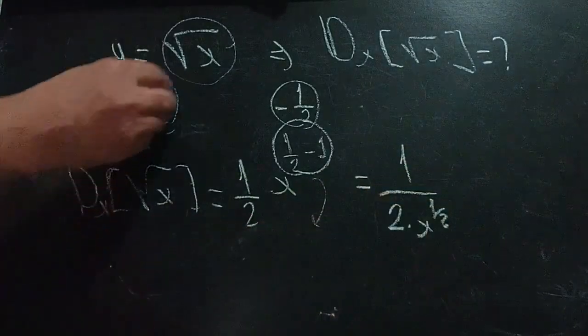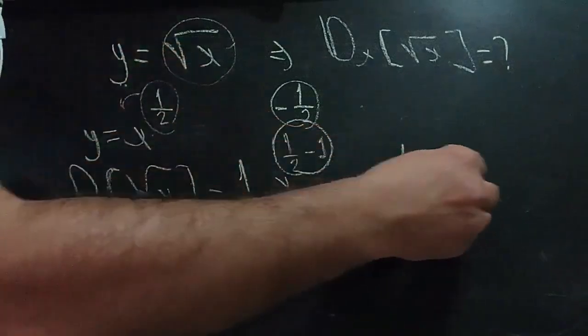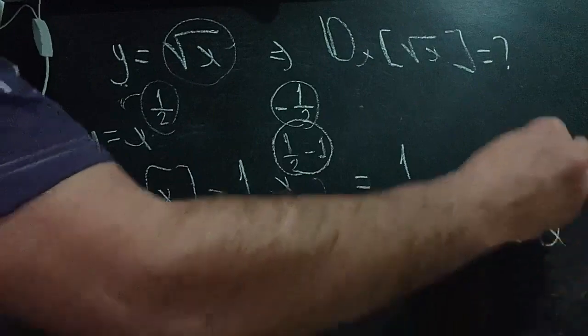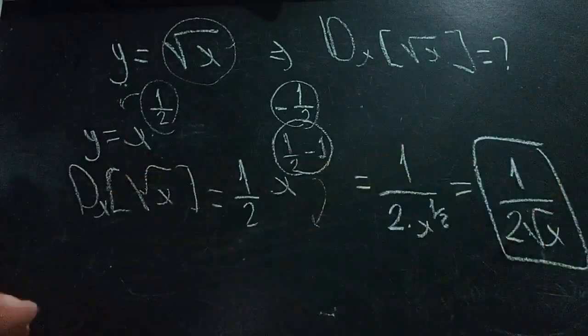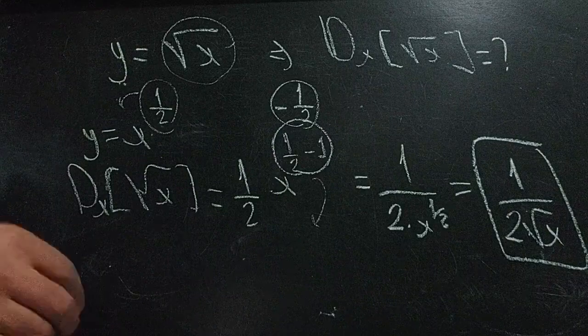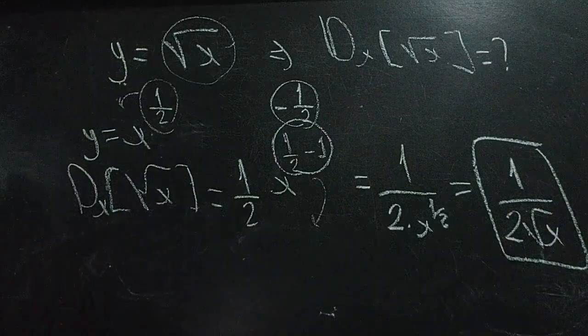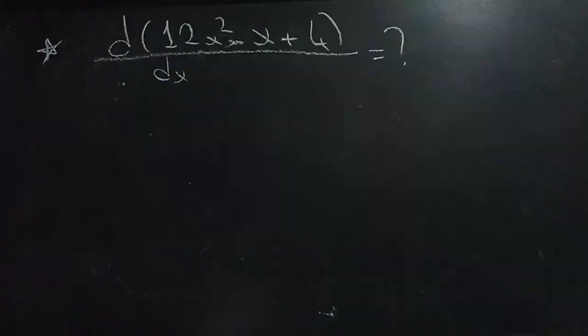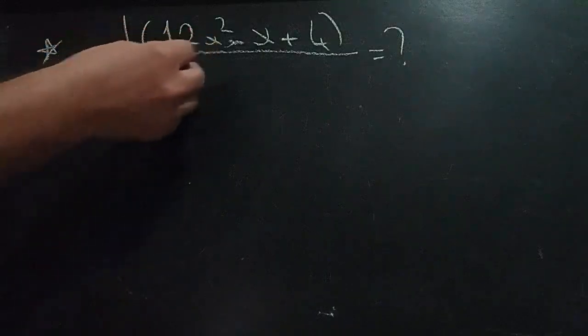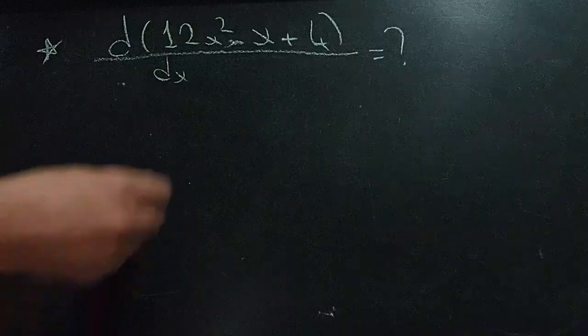X to the power 1 over 2, remember, was square root. That will be 1 over 2 square root x. Okay, 1 over 2 square root x. All right, my next question is to find the derivative of this expression.